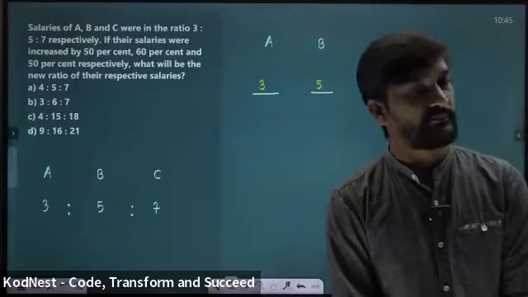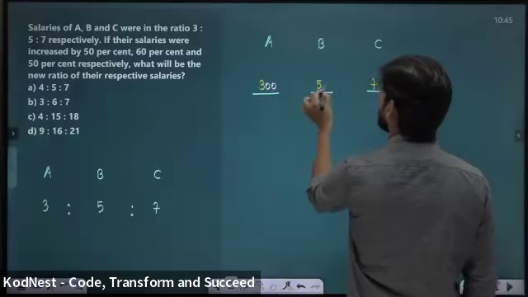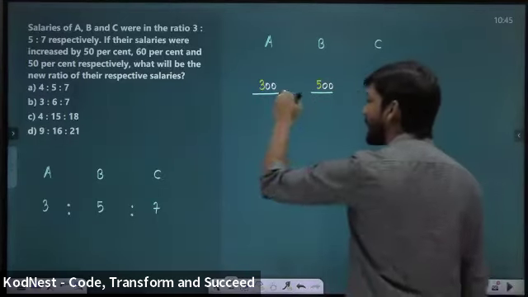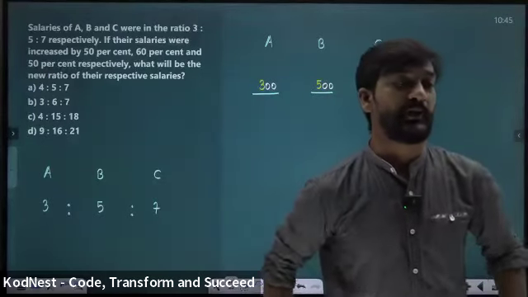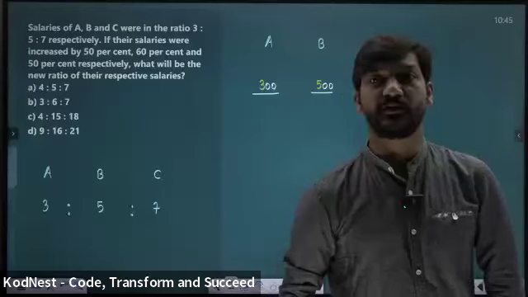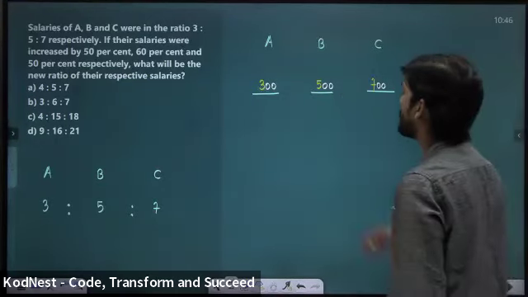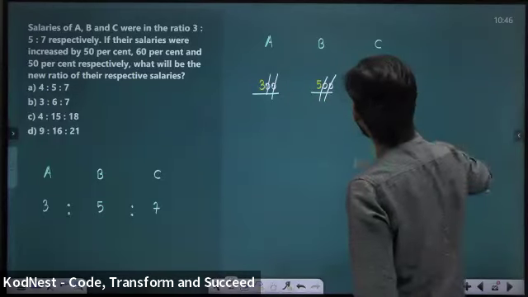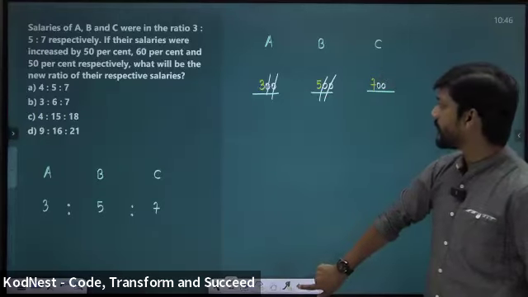These three values, are they in this ratio? Yes or no? Yes. How come yes? You will say, sir, once we simplify, the zeros cancel out and the ratio is 3, 5, 7. So yes, sir, they are in the same ratio.